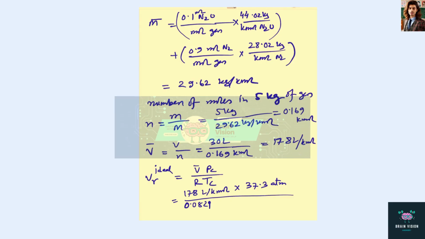Gas constant is 0.0821 multiplied by 10 cube liter atm kilomole inverse 1, Kelvin inverse 1, and the pseudo-critical temperature is 144.5 Kelvin. Therefore, the ideal reduced volume is 0.56.